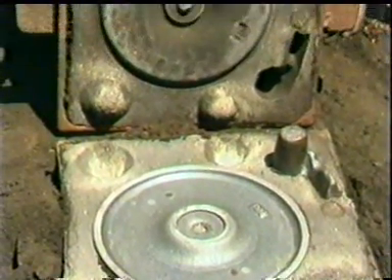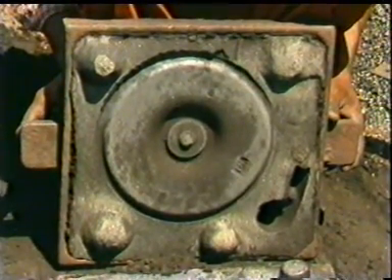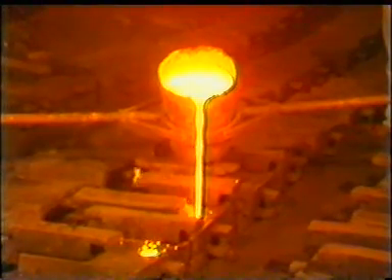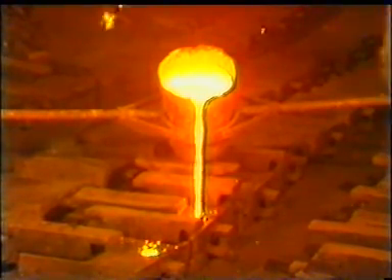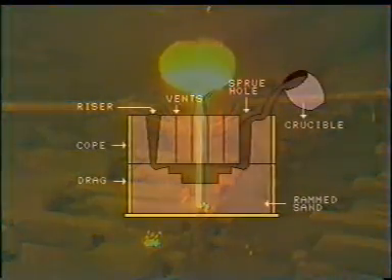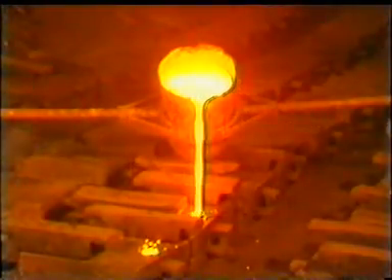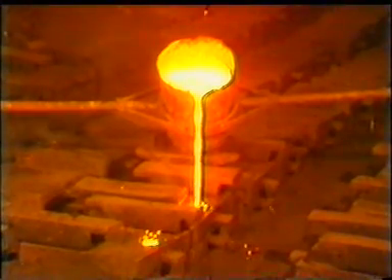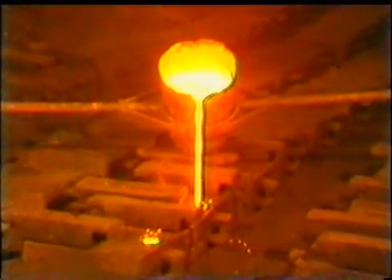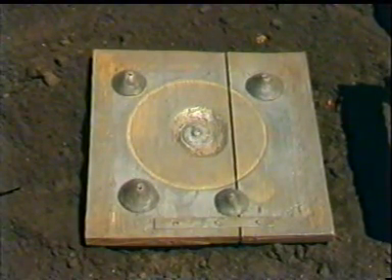Mold is a cavity created in a compact sand mass with the help of a pattern. This mold, when filled with molten metal, gives a component of desired size and shape. Let us now see the mold making process in detail.